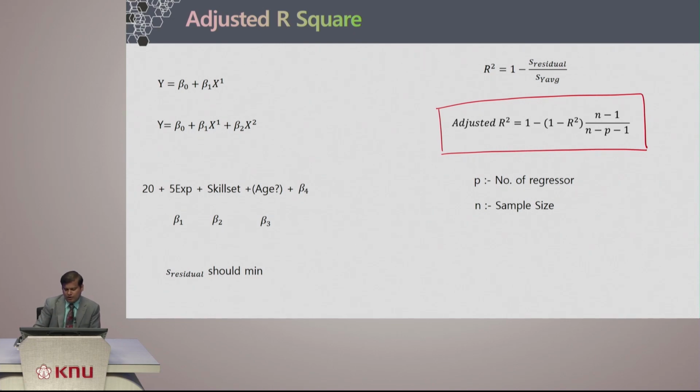So this adjusted R square is of the form 1 minus (1 minus R square) times (n minus 1) divided by (n minus p minus 1), where p is the number of regressors and n is the sample size.